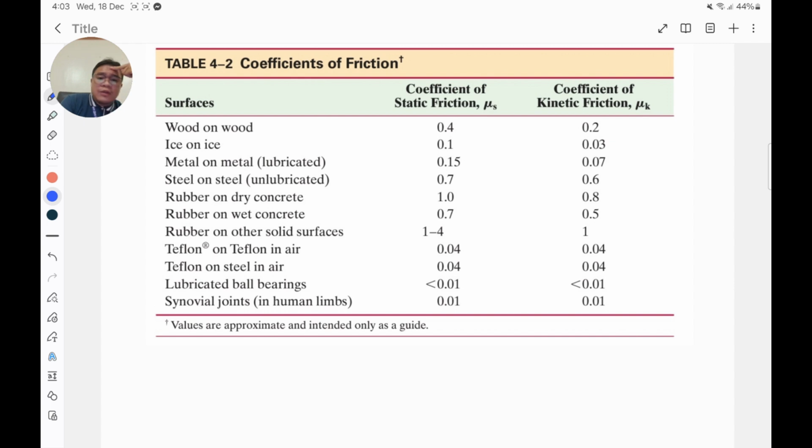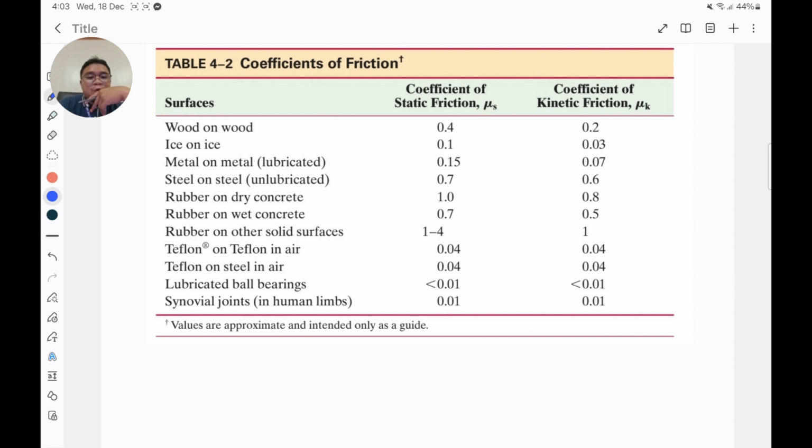So for example, our coefficient of static friction here for wood is around 0.4. That means that of all these listed materials that you can see, wood is the roughest surface. But of course, we know that wood is not the roughest surface in general, it's just that on this table itself, wood is the roughest surface.